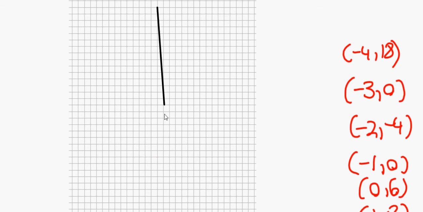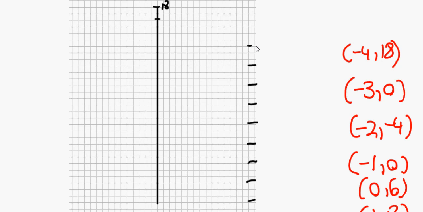So we have a big line here, and we're going to start at 18 on top. We're going to count how many blocks you have in total. So 1, 2, 3, 4. We could count up in threes: 3, 6, 9, 12, 15, 18, 21, 24, 27, 30.